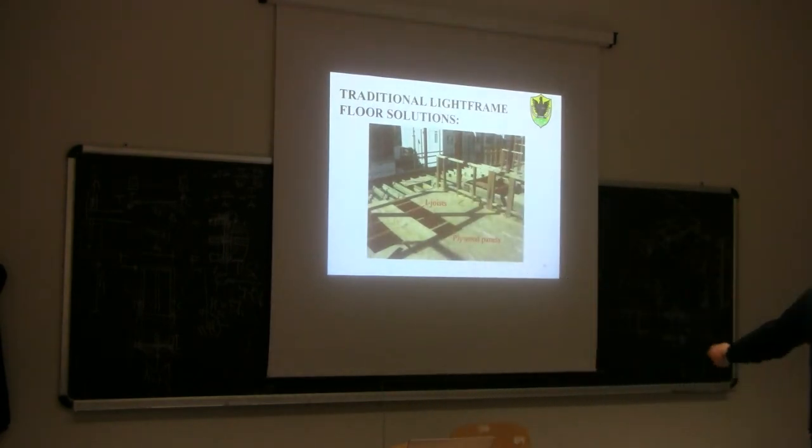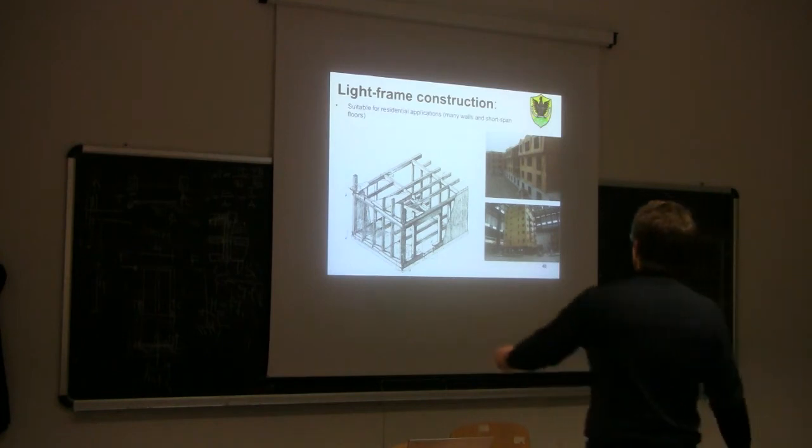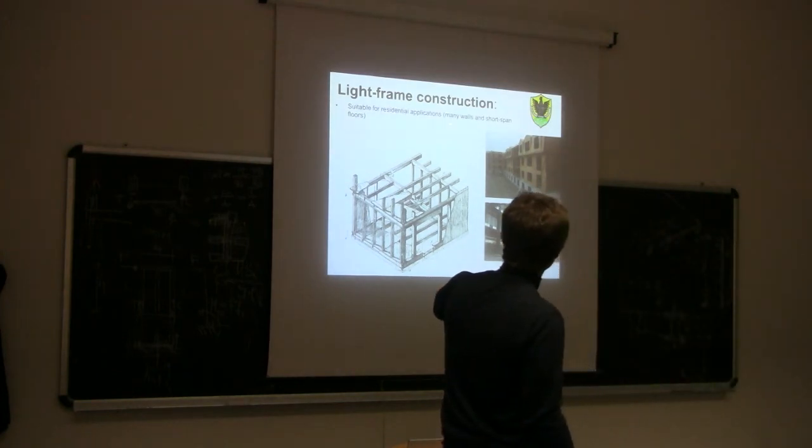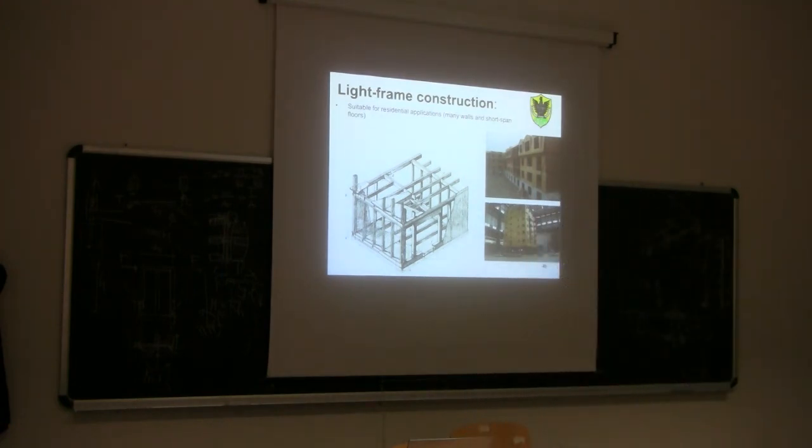So this is a photo of the traditional solution using I-joists and using plywood panels, as you can see. So, with light frame construction, what kind of buildings can we build? Well, first of all, it's suitable for residential applications, which means plans characterized by several walls.